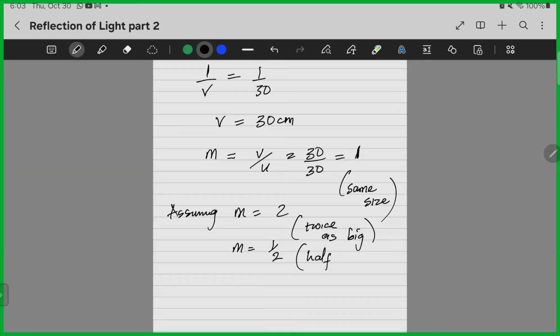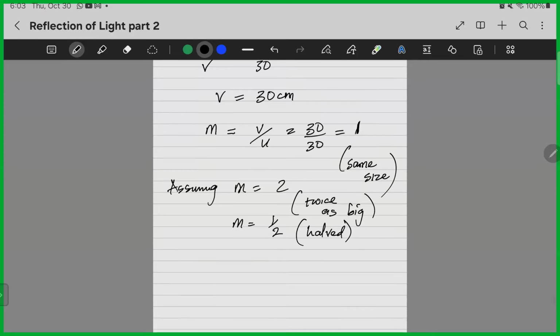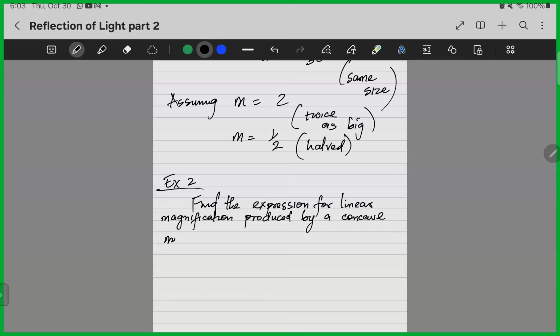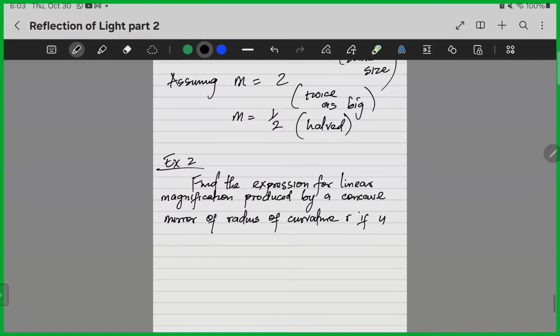I will take one more fresh example before we close. Example 2: find the expression for linear magnification produced by a concave mirror of radius of curvature R, if U and V are the object and image distances respectively.